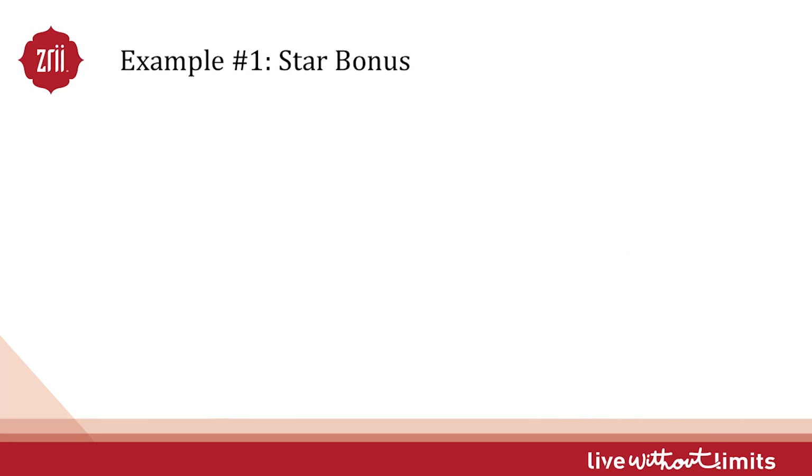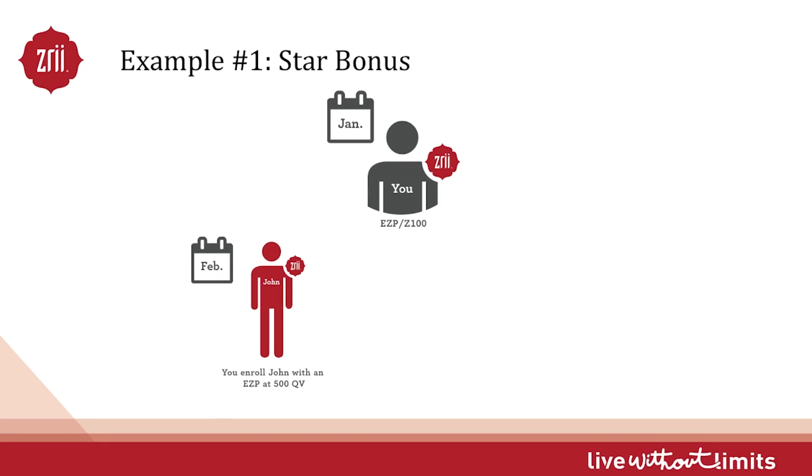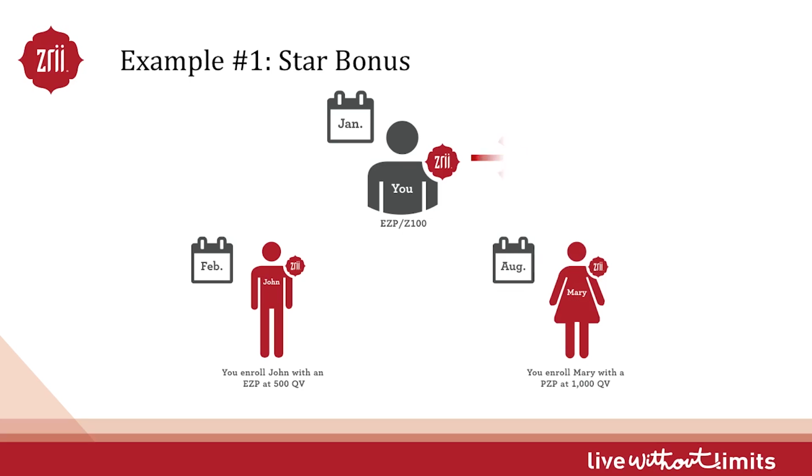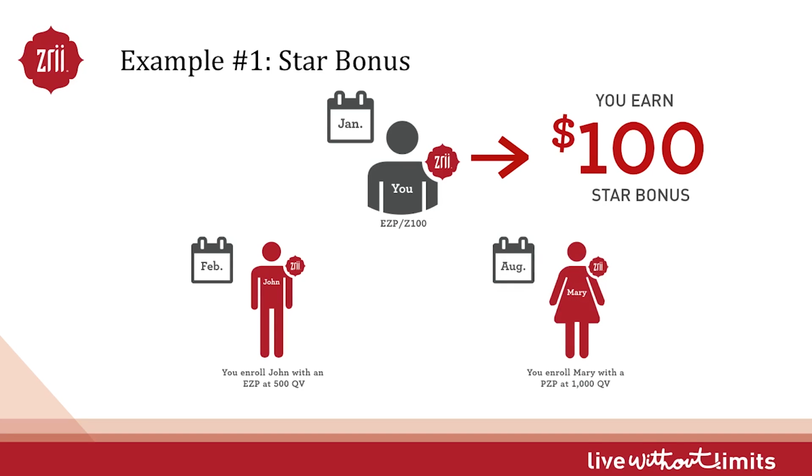Let's take a look at a couple of examples to illustrate. Number 1, you enroll with an EZP in January and you're Z100 qualified. You personally enroll John in February with an Executive Z-Pack carrying 500 QV. In August, you personally enroll Mary with a Premier Z-Pack and 1,000 QV. This would earn you the $100 Star Bonus.